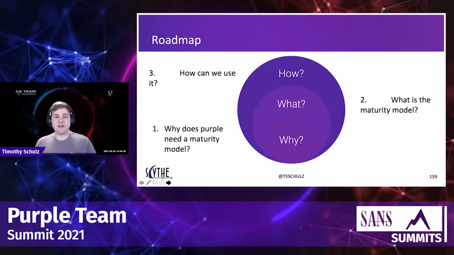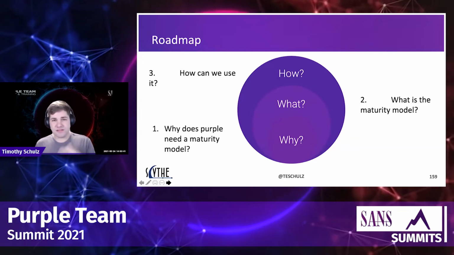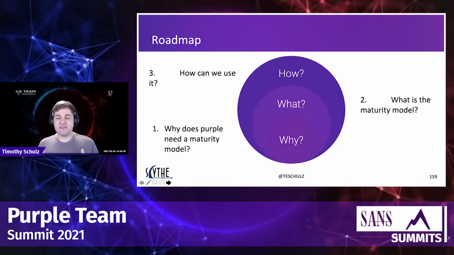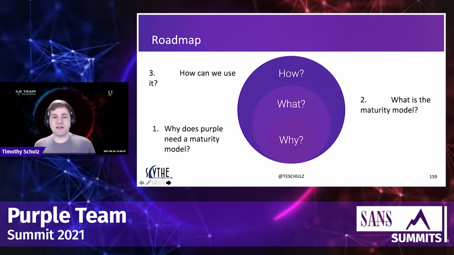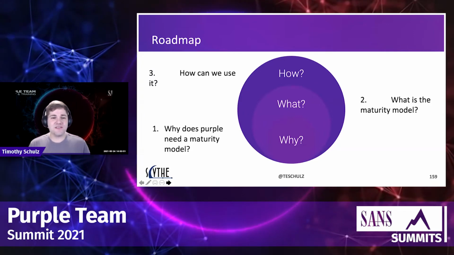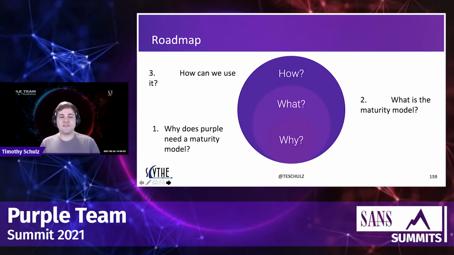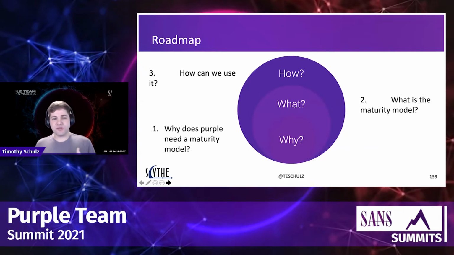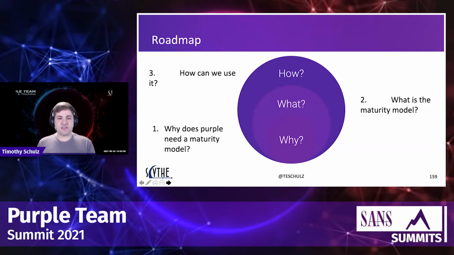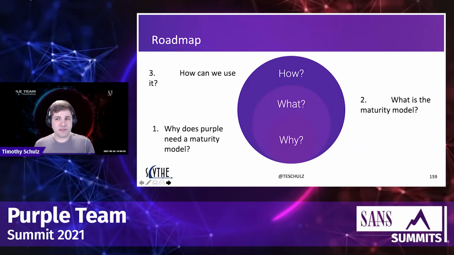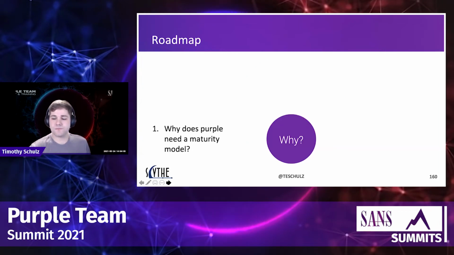And then at the very end, we're going to walk through an example, a fictitious company that is going to use their current team, and they're going to build a purple team, and they're going to use the purple maturity model. So hopefully by the end of this, you'll understand why we are looking at purple as a maturity model instead of sort of an exercise, and then what it is and how we can use it. So with that, we'll dive right in.